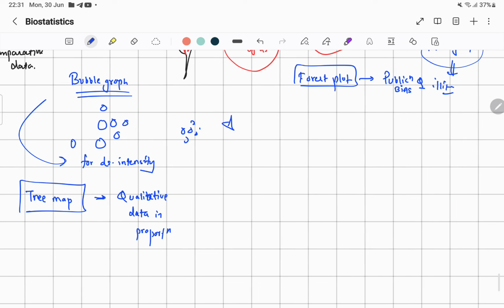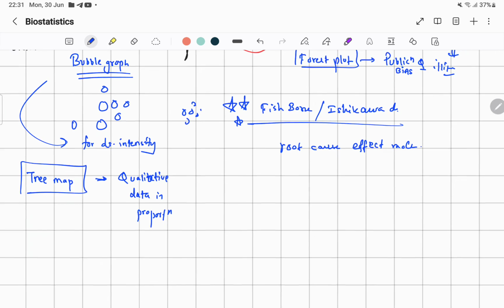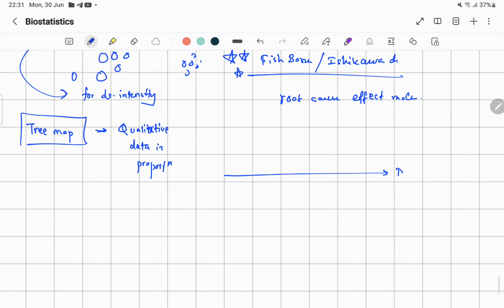And we have another thing, the last thing, that is called the fishbone diagram. Fishbone or Ishikawa diagram. Ishikawa diagram is basically a root cause effect model. Let's say this is the disease, and what factors are contributing.